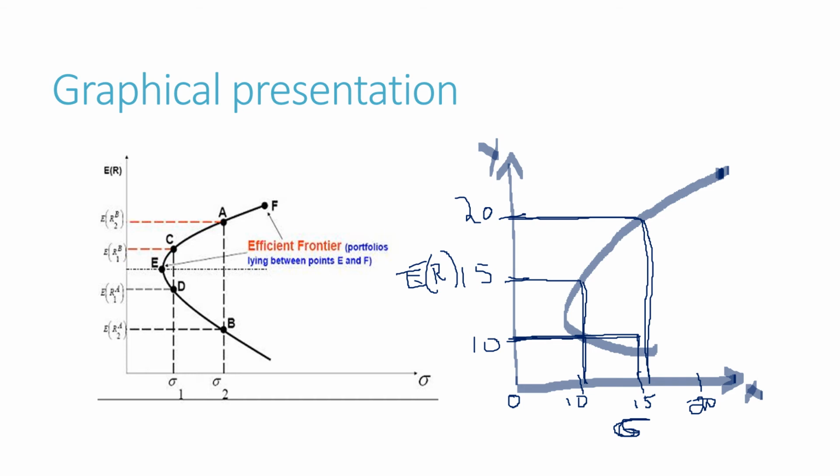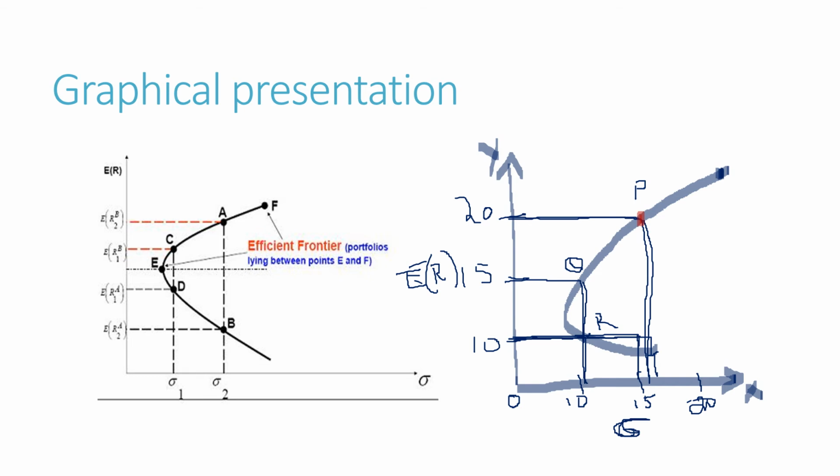This curve is called the efficient frontier, wherein the points, if I denote this as P, this as Q, and this as R, are the possibilities of a portfolio.